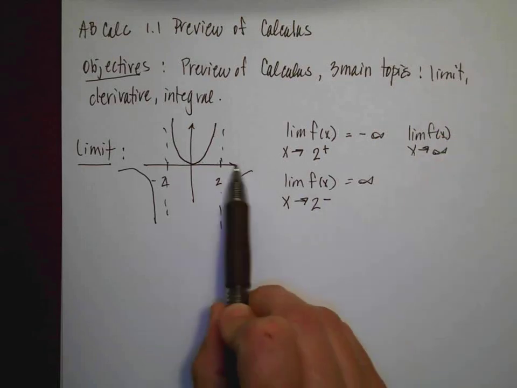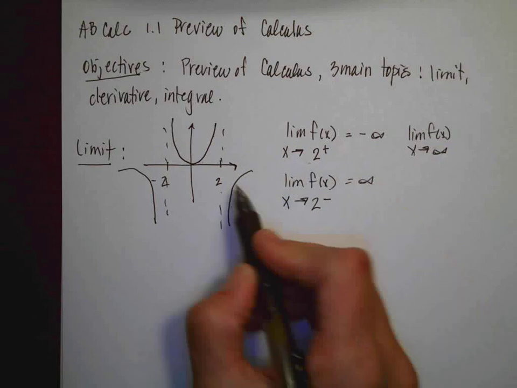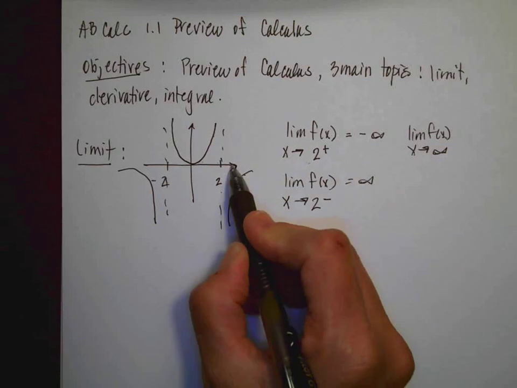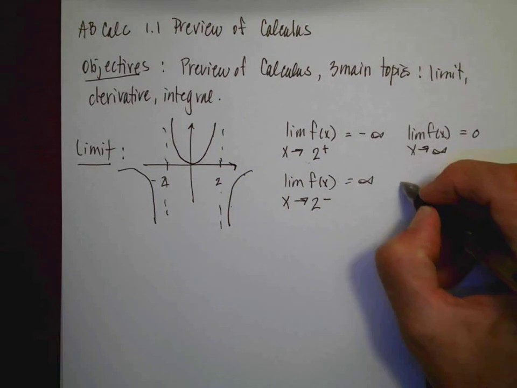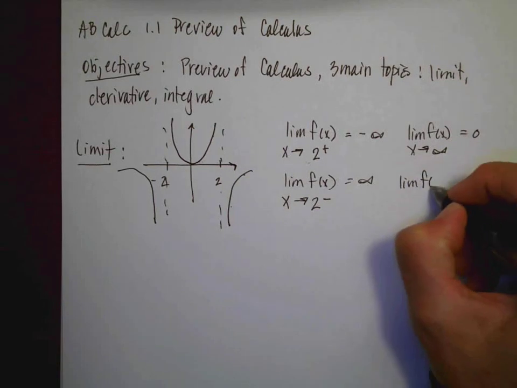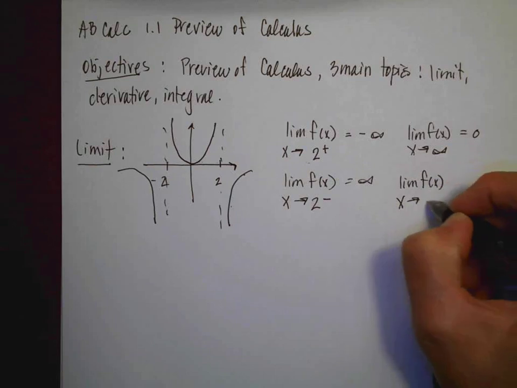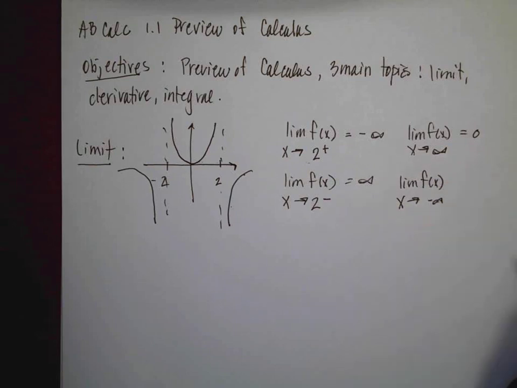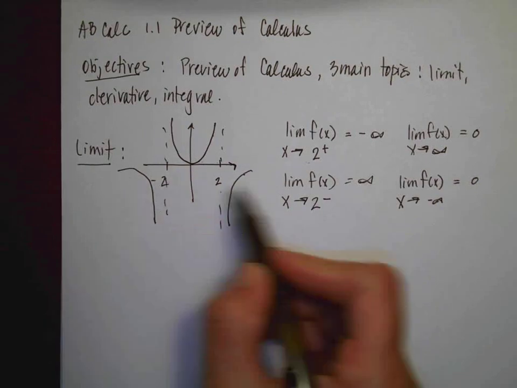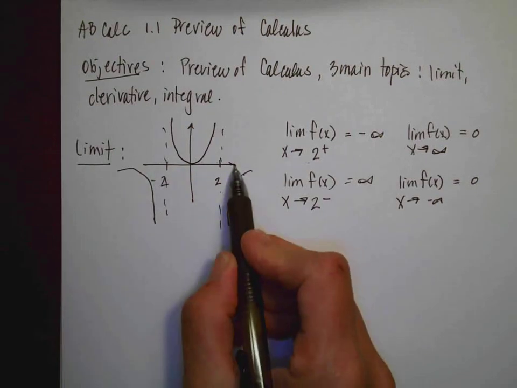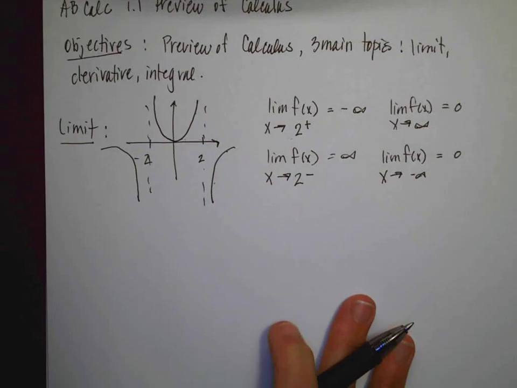So if we look at the very far extreme end of this graph, this function is going to be getting closer and closer to 0. So it's going to approach 0. And then what happens if I look at what happens as x approaches negative infinity? Well, it's going to be approaching the same thing because this particular graph would appear to have a horizontal asymptote at y equals 0.